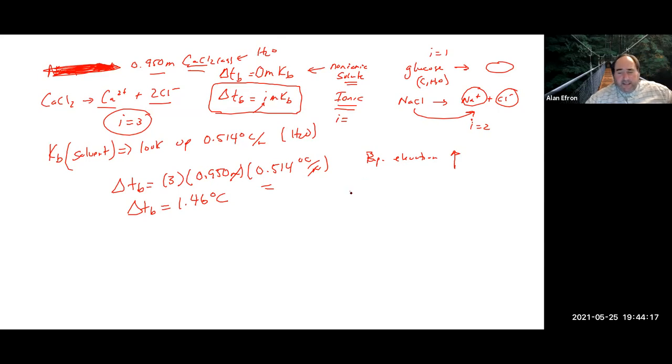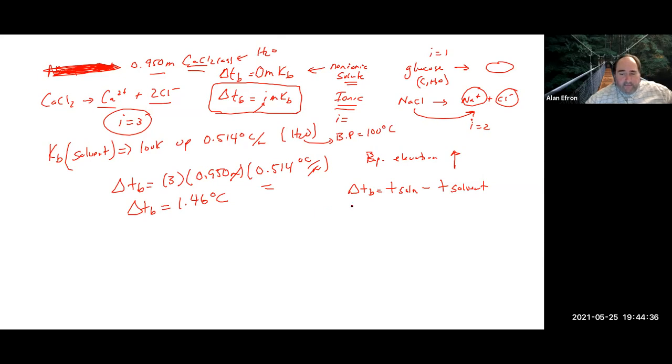The change in boiling point temperature is actually the temperature where the solution would boil minus the temperature of the pure solvent by itself. So in this case, since water was the solvent, the normal boiling point of water is 100 degrees Celsius.